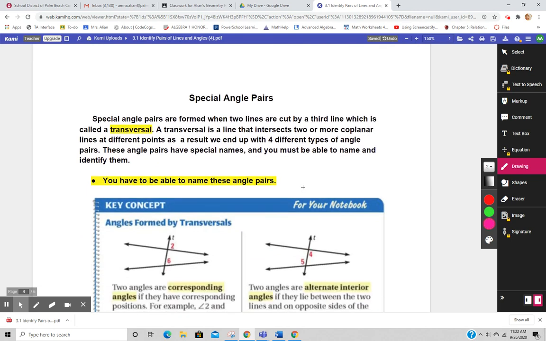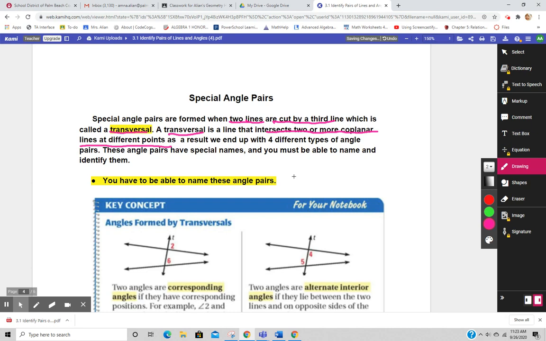All right, now let's talk about special angles. Special angle pairs are formed when two lines are cut by a third line, which is called a transversal. A transversal is a line that intersects two or more coplanar lines at different points.